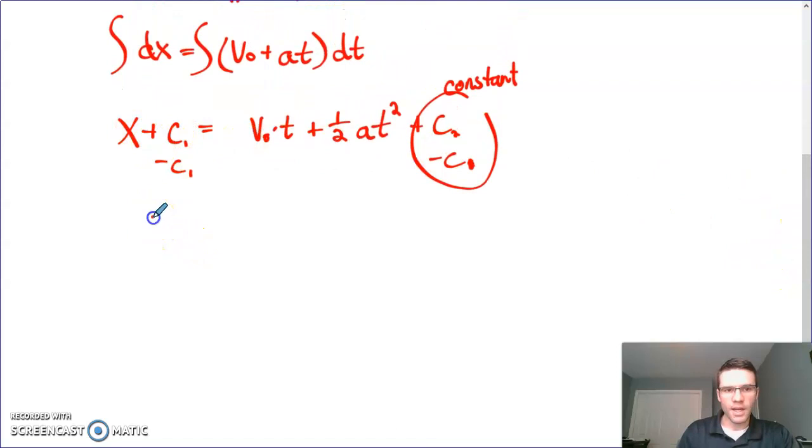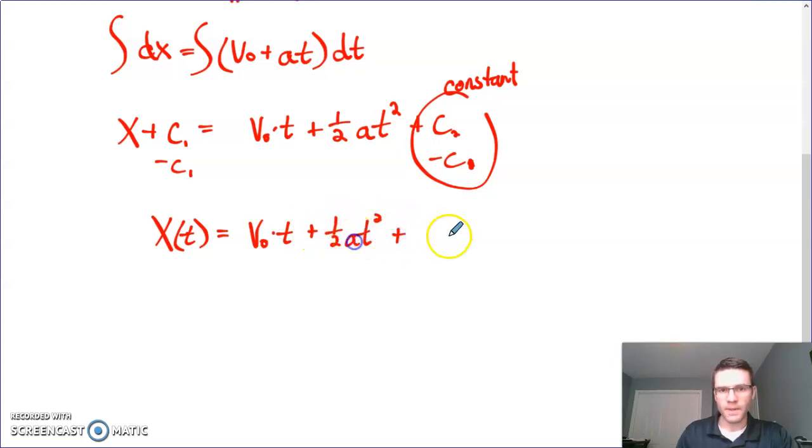The only thing that's left on the left side is x, and x is a function of t, which is what we wanted. We wanted to get a function from our differential equation, and our function would be v0 times t plus 1/2 a t squared, and this should look familiar to you. This is our kinematic equation plus the constant c. What is our constant?